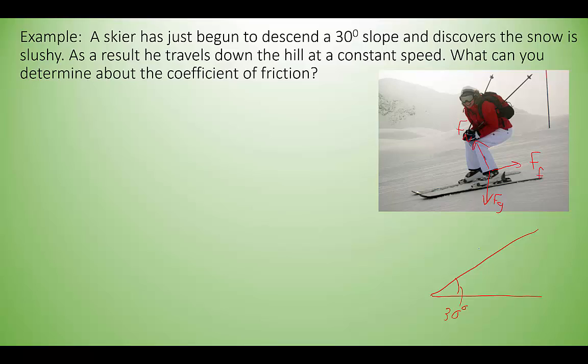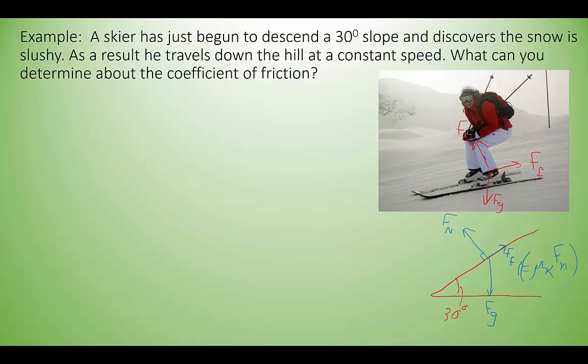So we have our normal force, the weight of the skier, and the force of friction due to the snow. Now keep in mind that the force of friction due to the snow is equal to mu sub k Fn.